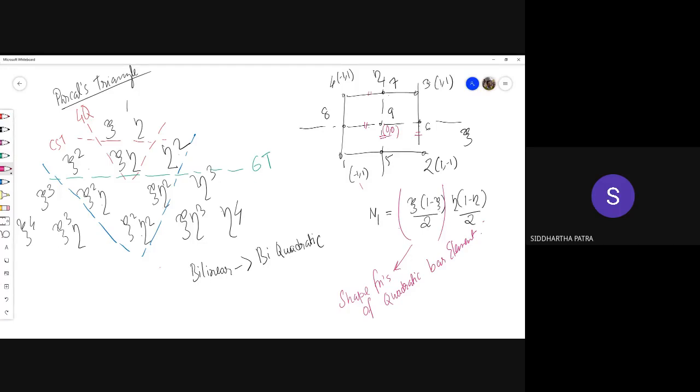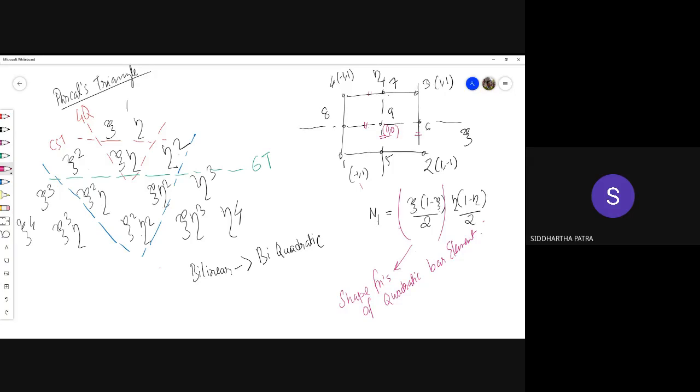You can do that, or you can directly use the shape functions for the quadratic bar element, because we have already done that, to identify the different shape functions of the 9-noded quadrilateral element.